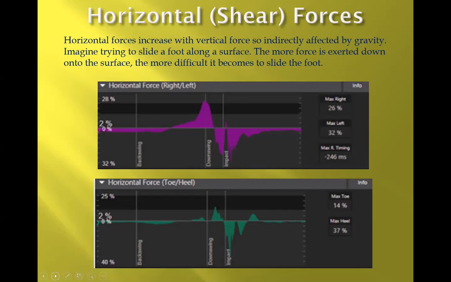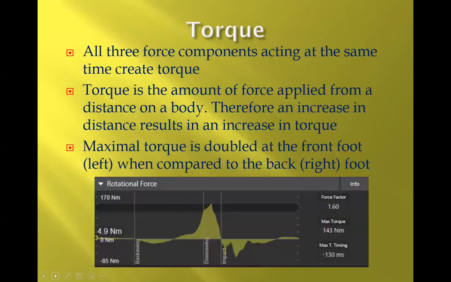And you have changes in heel to toe relationship as well. And as I said before, when you have all three forces acting together, it creates torque. And torque is defined as the amount of force that is applied from a distance on the body.